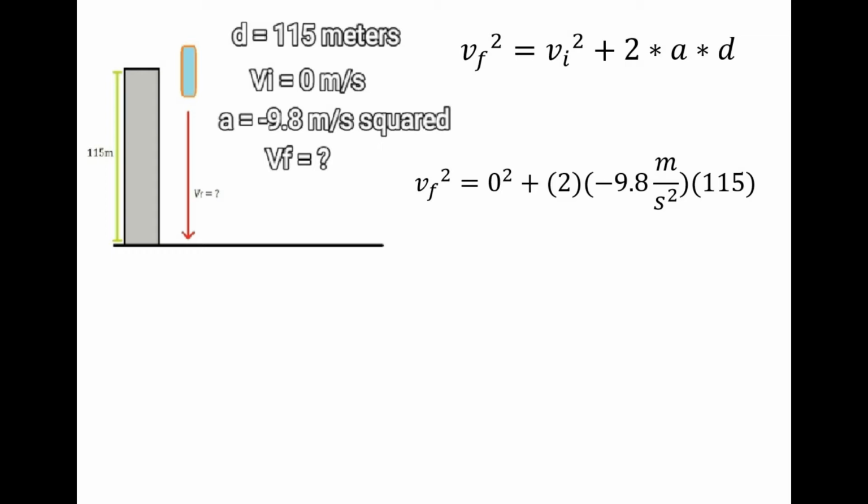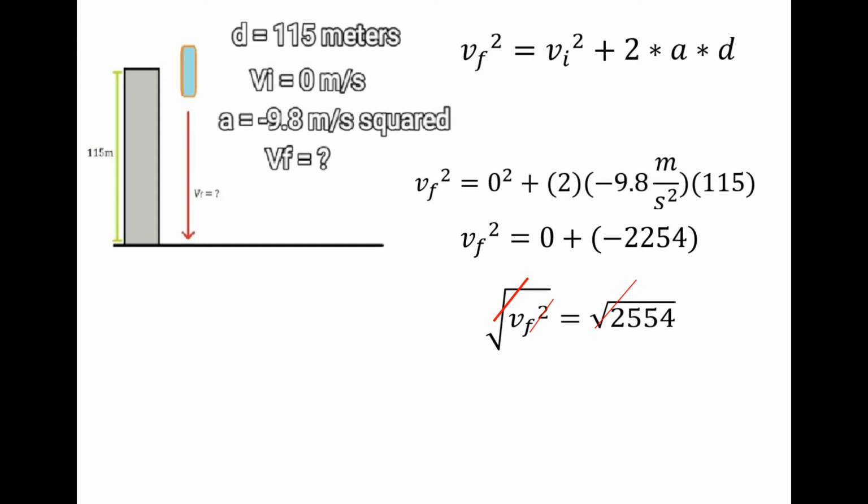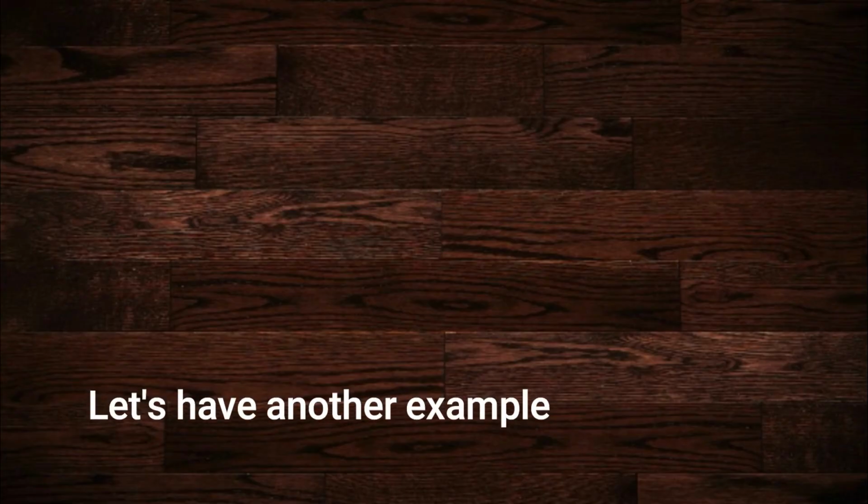So we multiply the three terms. 2 times negative 9.8 meters per second squared times 115 is equal to negative 2,254. Then we need to find the square root to cancel out the square of final velocity. And then the final velocity would be negative 47.48 meters per second.